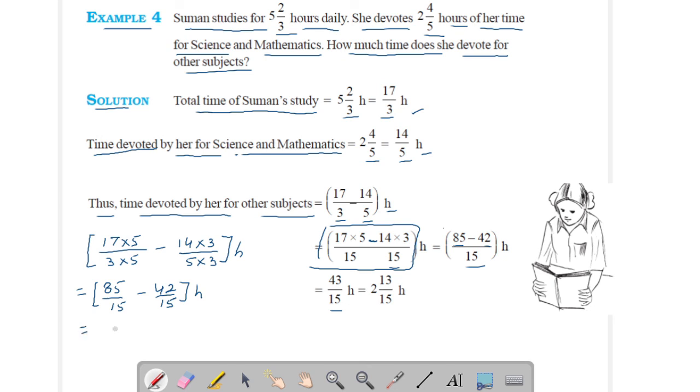And this can be written as 85 minus 42 upon 15 hours. And this can be written as like this.